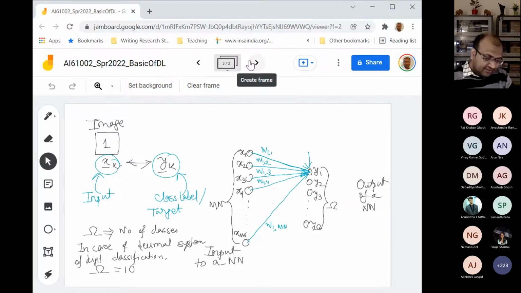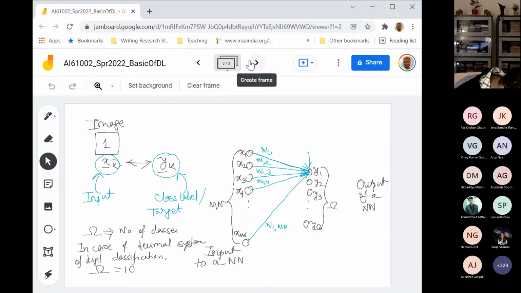What I am doing is that the first subscript, the first index, relates to the target point where it is connected to, and the second subscript denotes the source point from where I am connecting it.